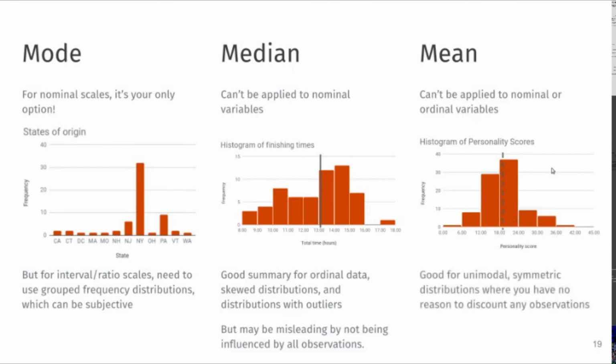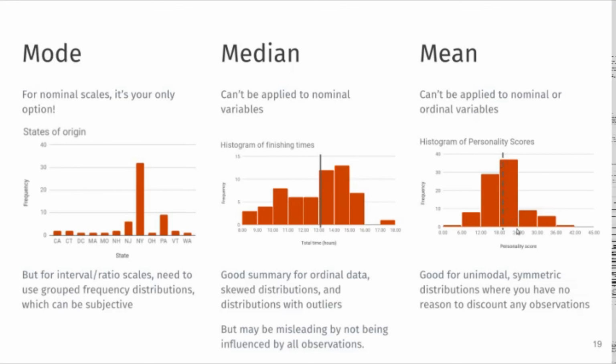And the mean, which lies about here, a little bit over 18 on this personality inventory, is a good summary of this kind of data, rather than, say, the median or the mode, because the mean is good for unimodal and symmetric distributions.